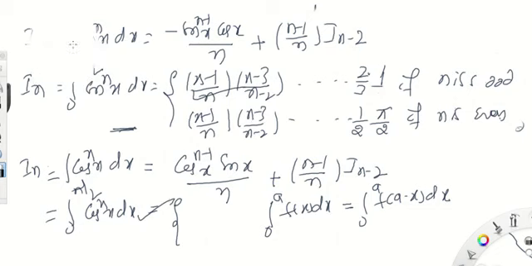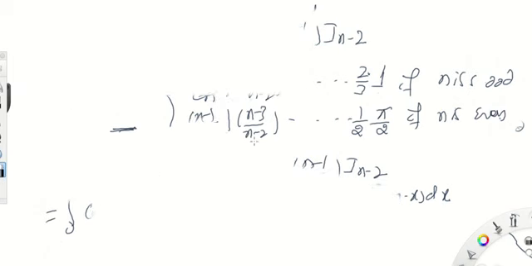Okay, let me look at one example regarding these two properties, these two standard results. Find the solution of the integration of sin to the power of 8 x dx, from 0 to pi by 2. I am calling it I_8, because n is 8, equal to the integration from 0 to pi by 2 of sin to the power of 8 x dx.